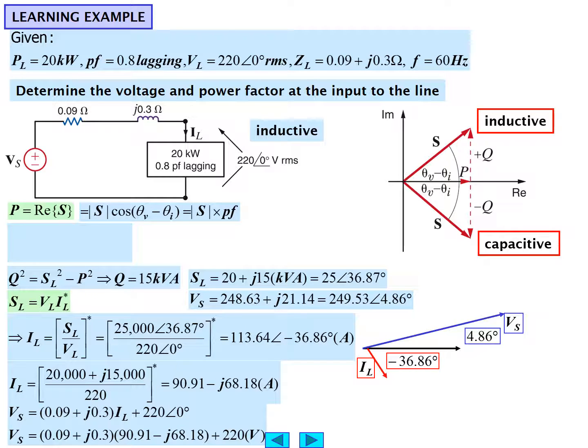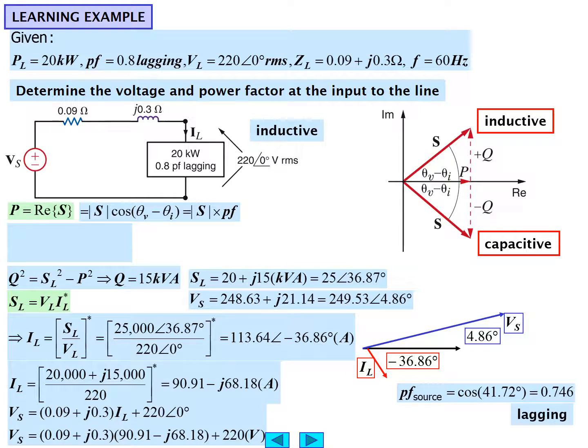So we can plot V sub S at an angle of 4.86 and I sub L at an angle of minus 36.86 as a result, and therefore consider what the power factor is, because that was one of our predicates for this particular problem.